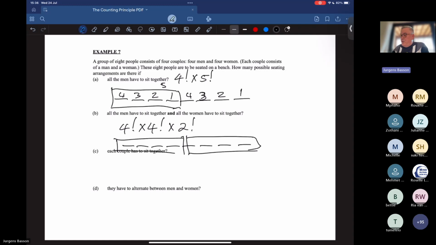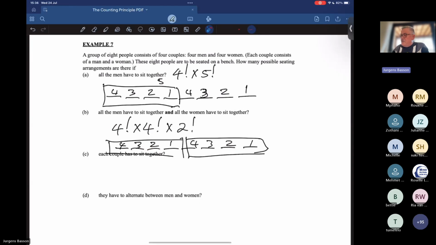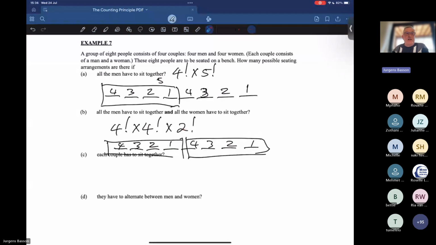You can see the 2 groups. And this is 4, 3, 2, 1, 4, 3, 2, 1. So this one then gives you the 4 factorial. That one gives you that 4 factorial. And then I've got the 2 groups to arrange, and that is the 2 factorial. So I believe this is okay so far.